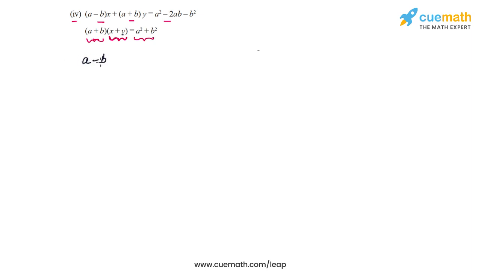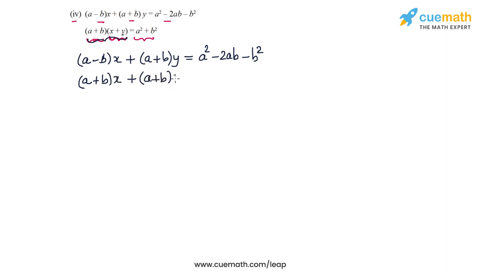A minus b times x plus a plus b times y equal to a square minus 2ab minus b square. And in the second equation, I will expand this product a little bit. I will multiply a plus b by x and y separately. So I will get a plus b times x plus a plus b times y is equal to a square plus b square.